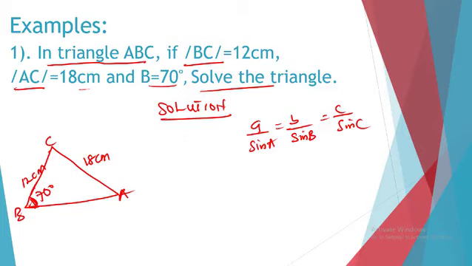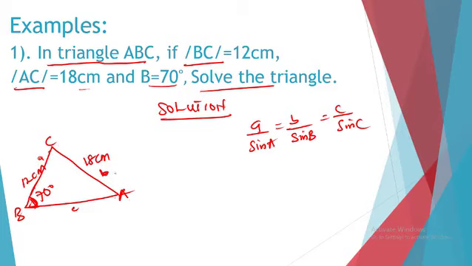In this question, angle at B is given, and small letter b, which is side b, is given. This is small letter c, this is small letter a. The line facing capital letter C is side c, the side facing capital letter B is small letter b, and the side facing angle at A is small letter a.